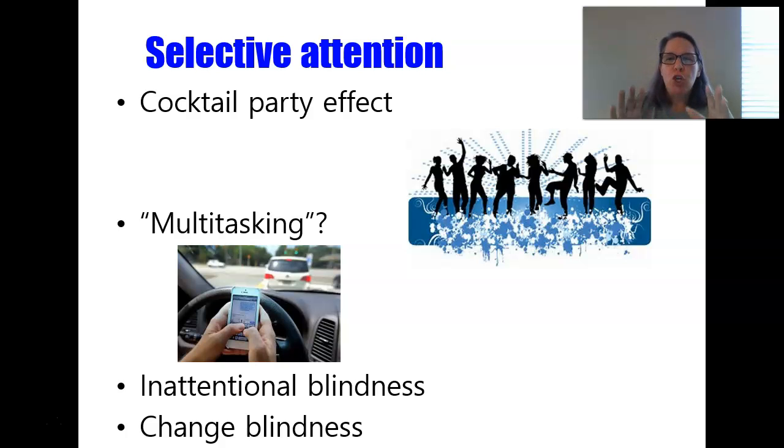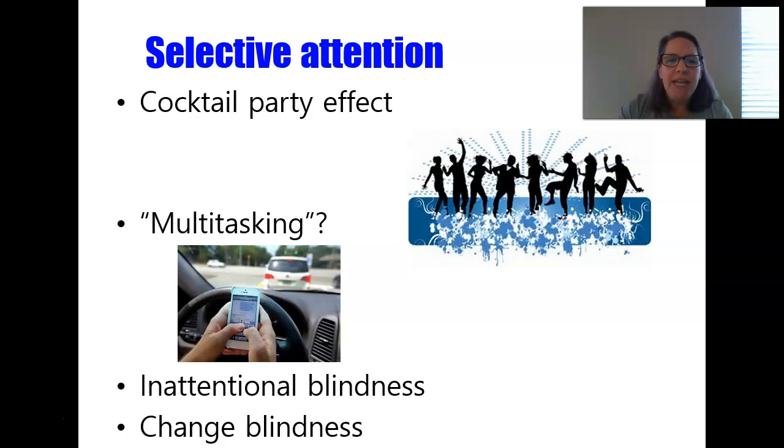But really, your brain is divided. You're only spending 50% of your time on your homework, 10% of your time listening to your music, and 40% of your time on Snapchat. So you're not giving your 100% focus to any one thing. This is why the picture I have there is texting and driving. It's never a good idea to text and drive. You're splitting your focus, so you're not giving 100% of your focus to driving when you are doing things like that.